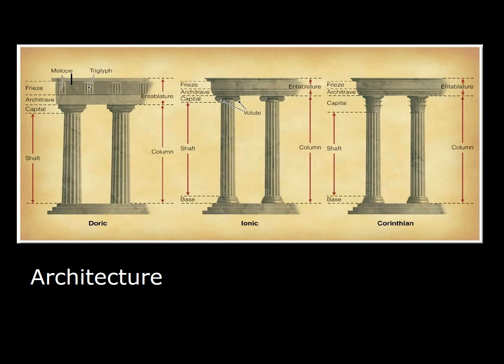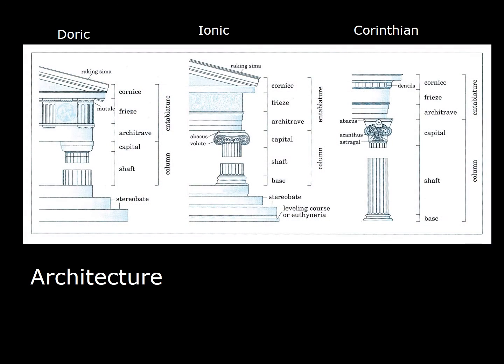In Ionic and Corinthian columns, you don't see the triglyph, but you do have, in the entablature, in the frieze, some kind of decoration on occasion. Each form of architectural column makes for increasingly taller and lighter weight buildings, and that is an element that adds to temples, to add their beauty and their grace.